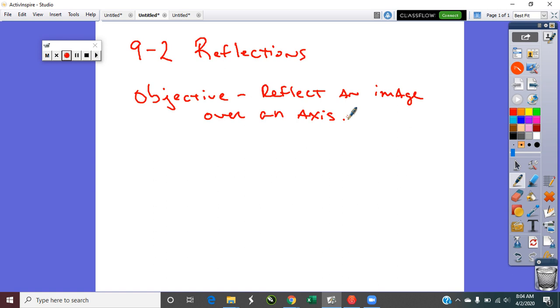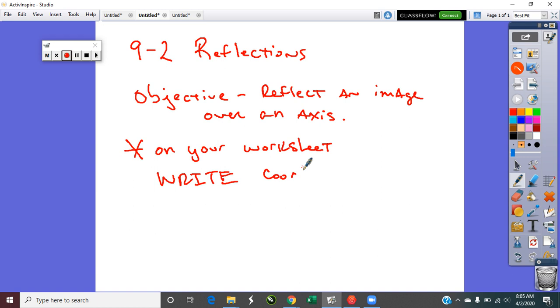One of the things that I have to emphasize, guys: yesterday I reminded you on Moodle, as well as in the presentation, that I need you to write the coordinates both of the original figure and the new figure. Only about half of you did that. So understand what I'm asking you to do. On your worksheet, write coordinates.